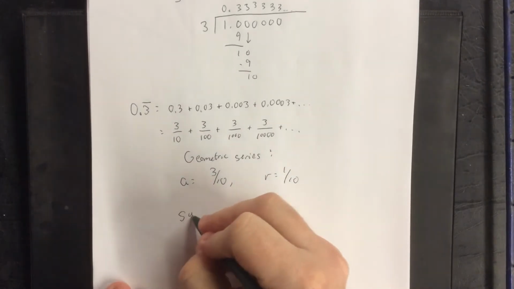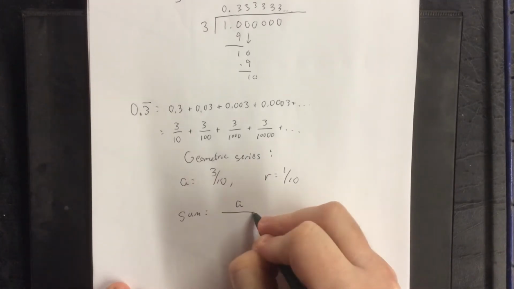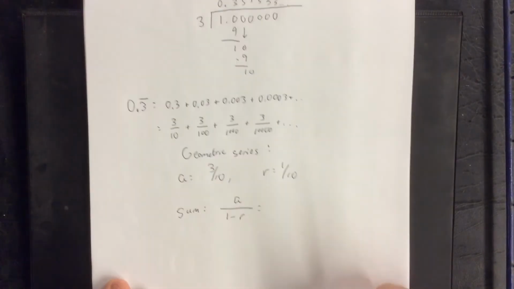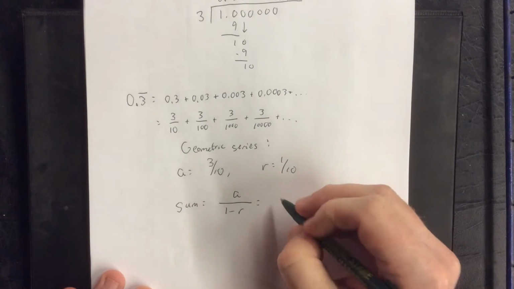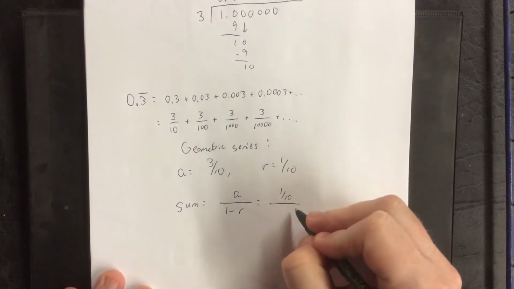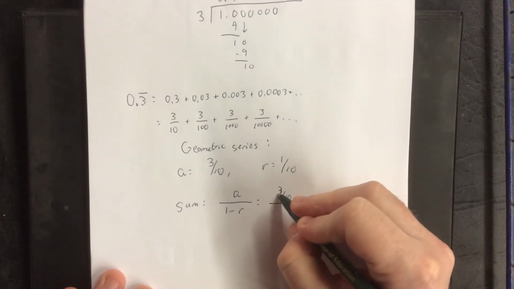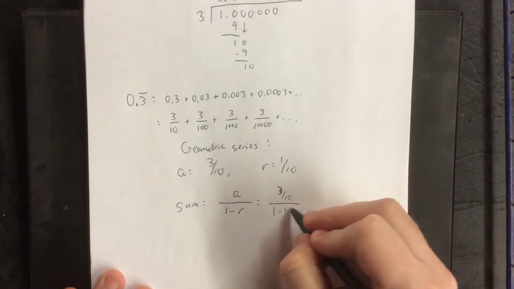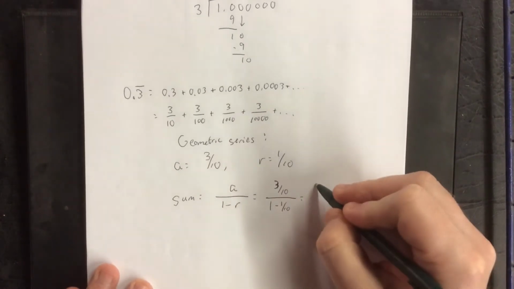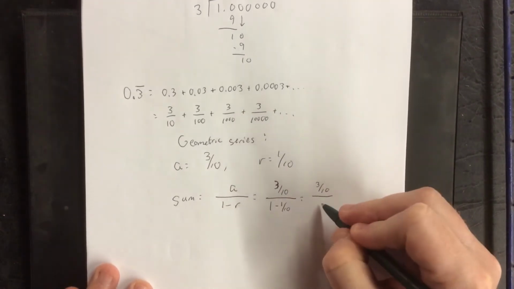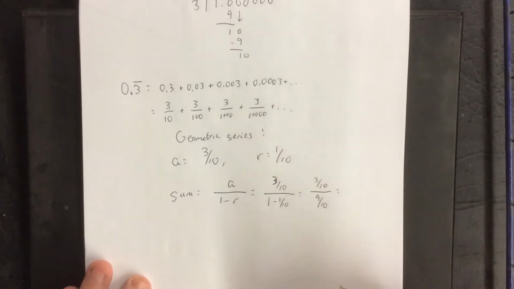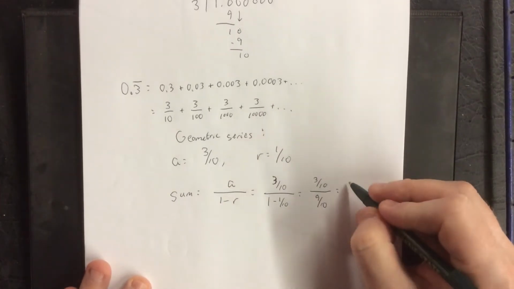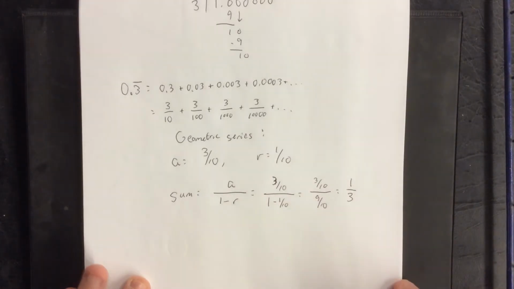The sum of a geometric series is supposed to take the form a over 1 minus r, and in that regard, this would be 3/10 divided by 1 minus 1/10. 1 minus 1/10 would be equal to 9/10, and multiplying top and bottom by 10 over 3, we see that this fraction reduces to 1/3.